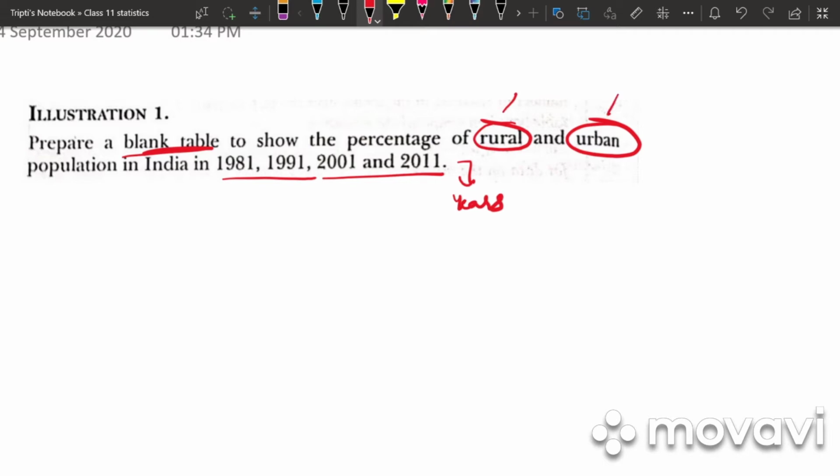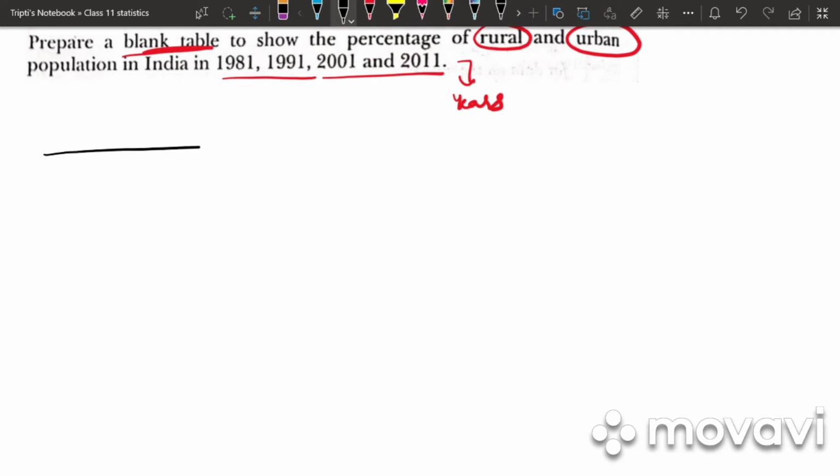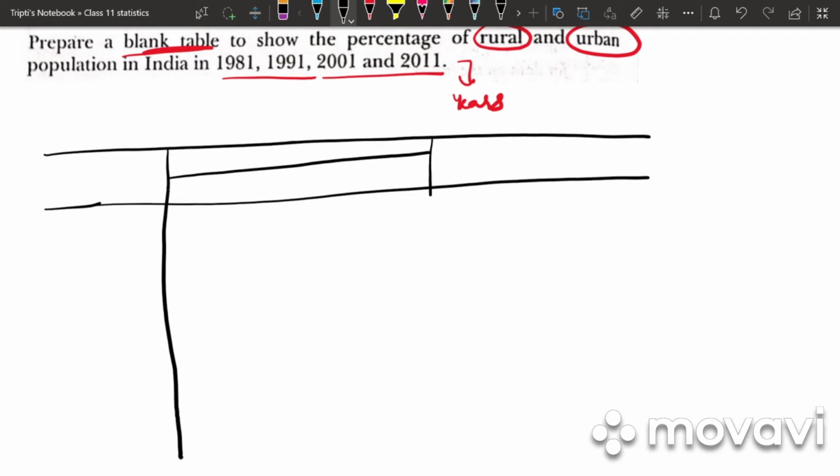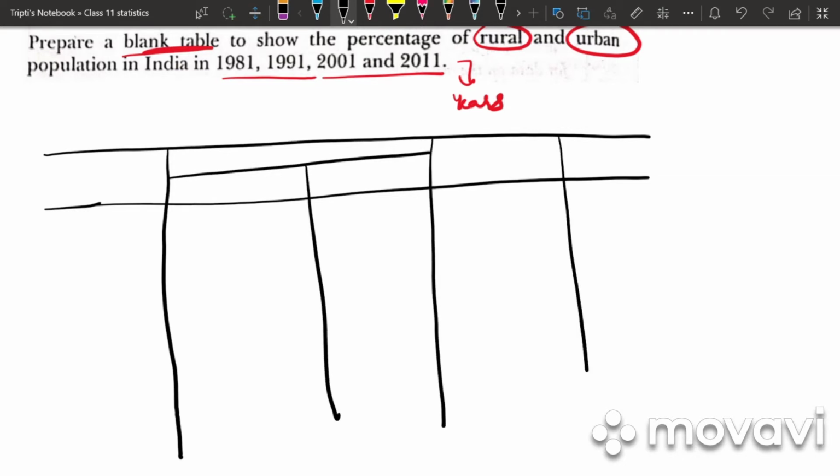So how do we prepare a blank table? How many columns will we have? We'll be having rural, urban, years, and there will always be a column of total. So this will be year. This will be percentage of population in rural and urban, and then there will be total.